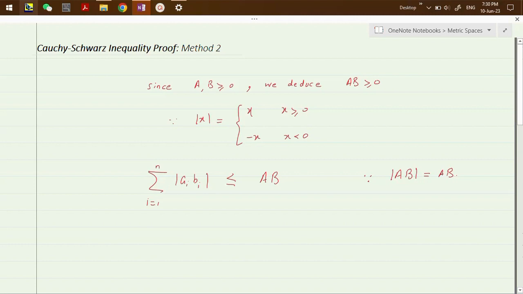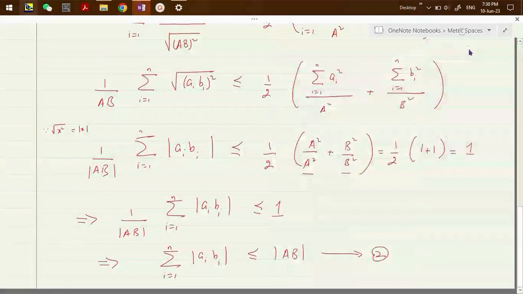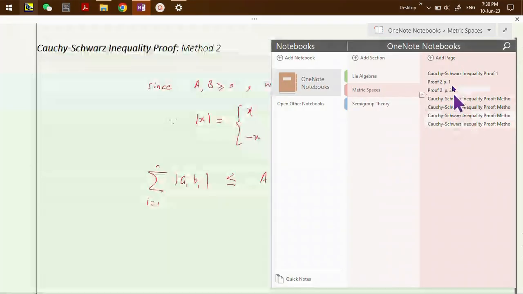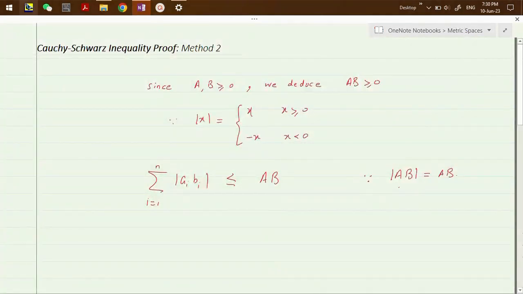By using the above definition, because our ab is non-negative, mod of ab is equal to ab by using the definition of modulus of x. As you can see here, this is mod of ab and ab is non-negative, so mod of ab is equal to ab.